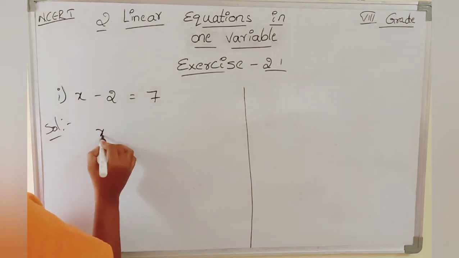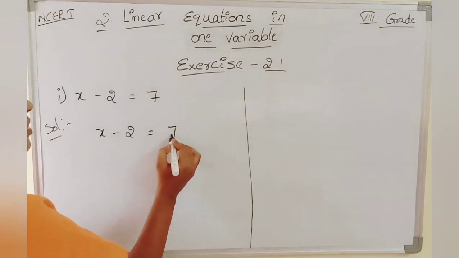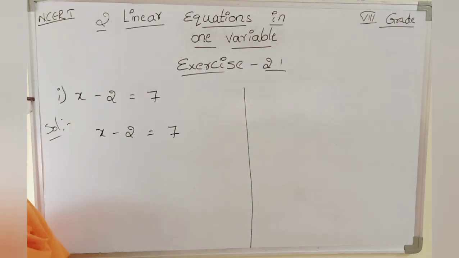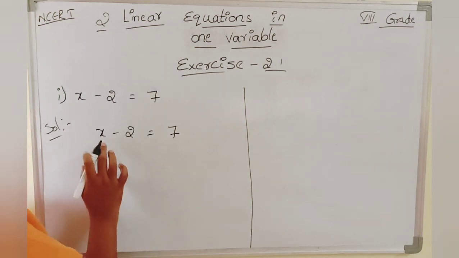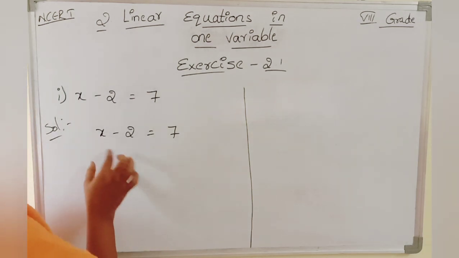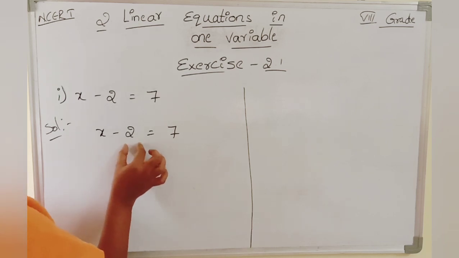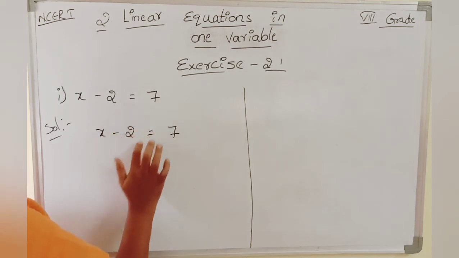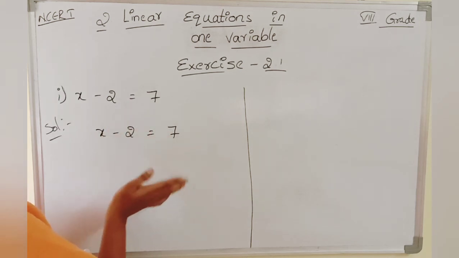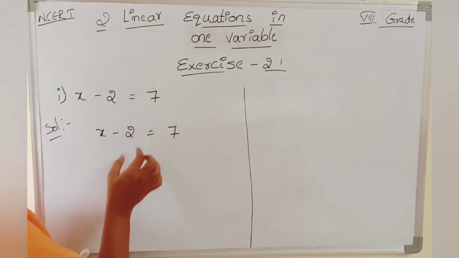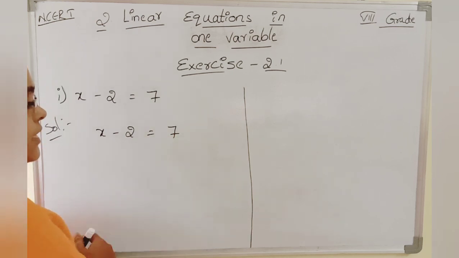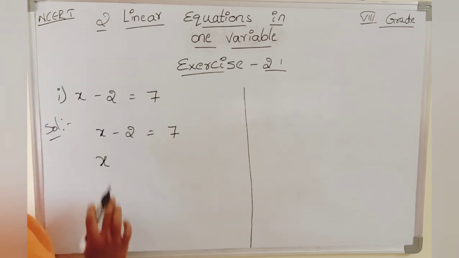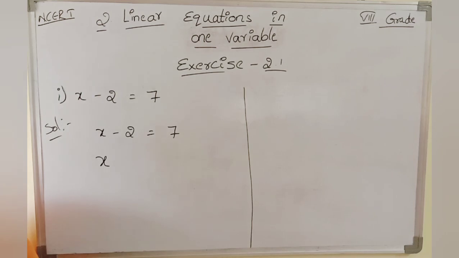What is our problem? X minus 2 is equal to 7. We need to solve this. Solving is nothing but we need to find the value of x. Apart from x, which term do we have here? Here we have minus 2. So to make this minus 2 as 0, I need to add plus 2. So that plus 2 I need to add to both sides. My target is I want only x on the LHS side.